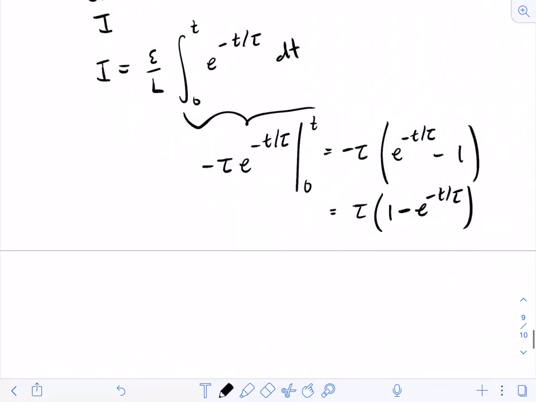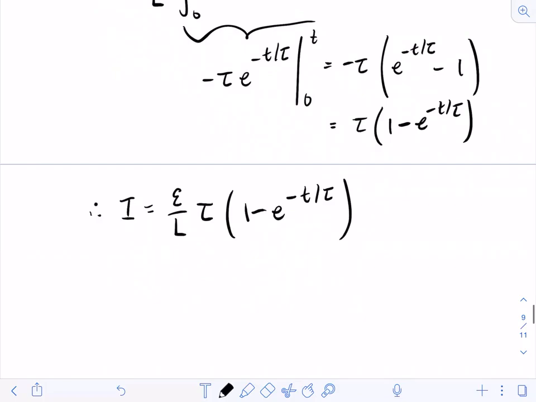So what do we have, therefore? The current is equal to EMF divided by L times tau times 1 minus e to the minus t over tau.